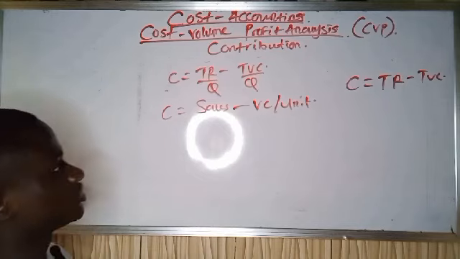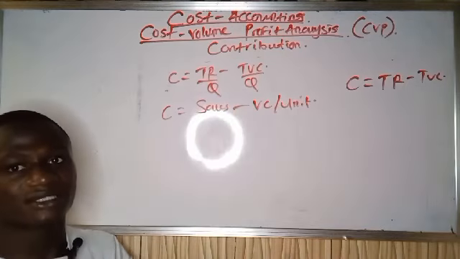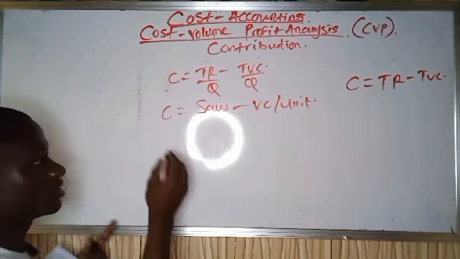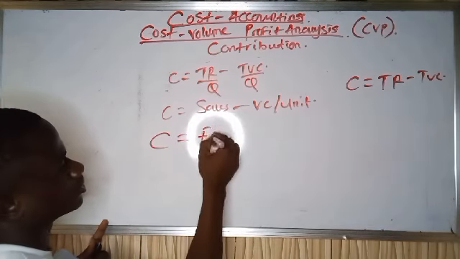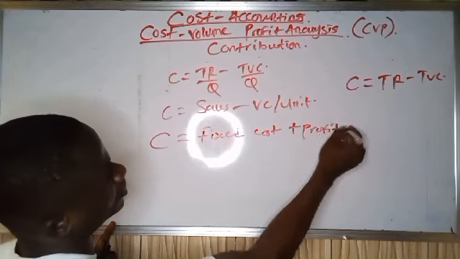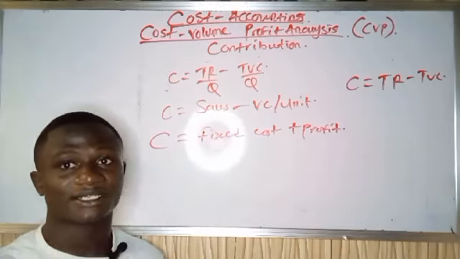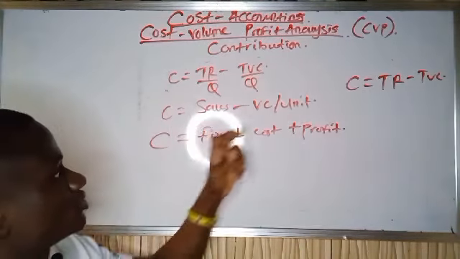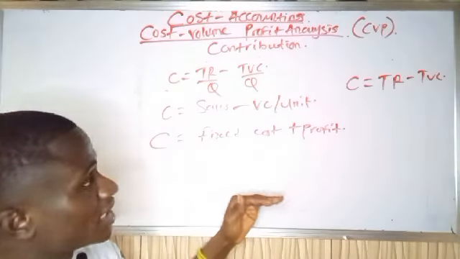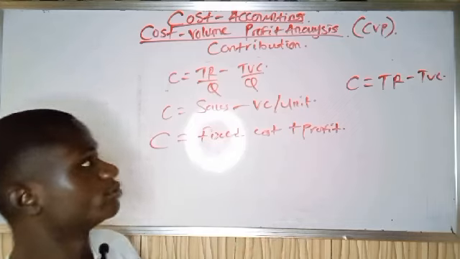So whether you use the formula in aggregate or in units, it's still the same thing. And don't forget that another formula for contribution is fixed cost plus profit, because on the other side of the equation, if you collect like terms, total revenue minus total variable cost, you'll be left with fixed cost plus profit. So this is the formula for contribution.